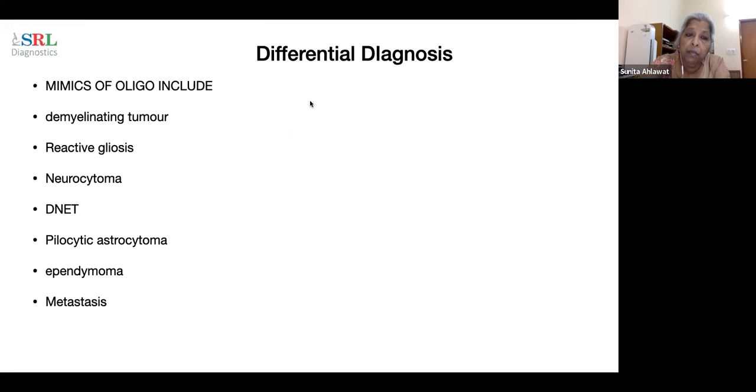There are many mimics of oligodendroglioma, which include demyelinating disease, reactive gliosis, and non-glial tumors like neurocytoma, DNET, that is dysembryoplastic neuroepithelial tumor, pilocytic astrocytoma, clear cell ependymoma, and even metastasis can mimic an oligodendroglioma. And a simple one stain, if you have the option of doing just one stain for differentiating these differentials from oligodendroglioma, is IDH1 IHC.